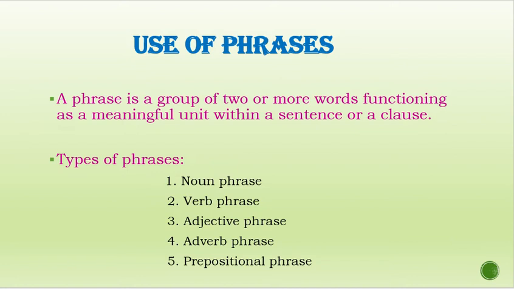It is commonly considered as a unit between a word and a clause, and it is determined by the head word in it with one or more modifiers. The main types of phrases are noun phrase, verb phrase, adjective phrase, adverb phrase, and prepositional phrase. So friends, these are the types.